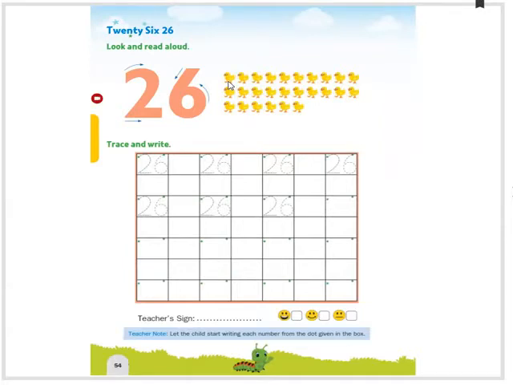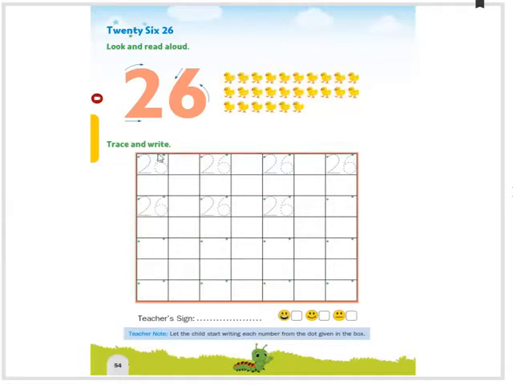Remember the numbers again. 1, 2, 3, 4, 5, 6, 7, 8, 9, 10, 11, 12, 13, 14, 15, 16, 17, 18, 19, and 20. 21, 22, 23, 24, 25, and 26. 2, 6, 26.